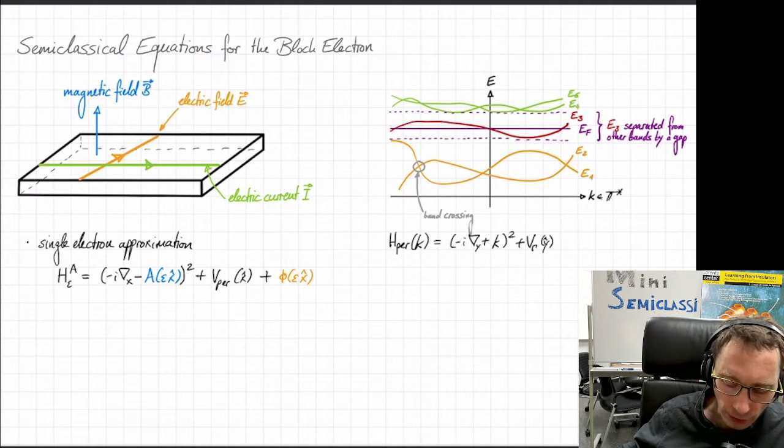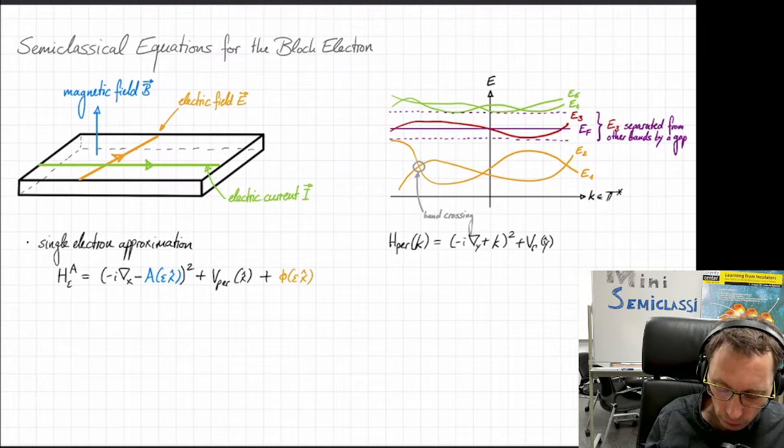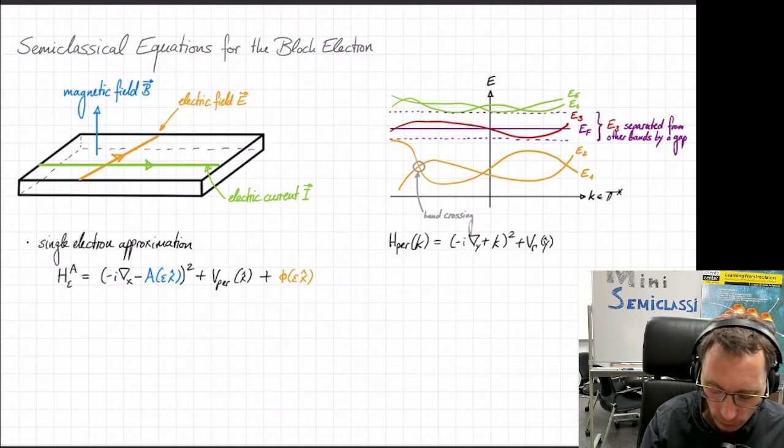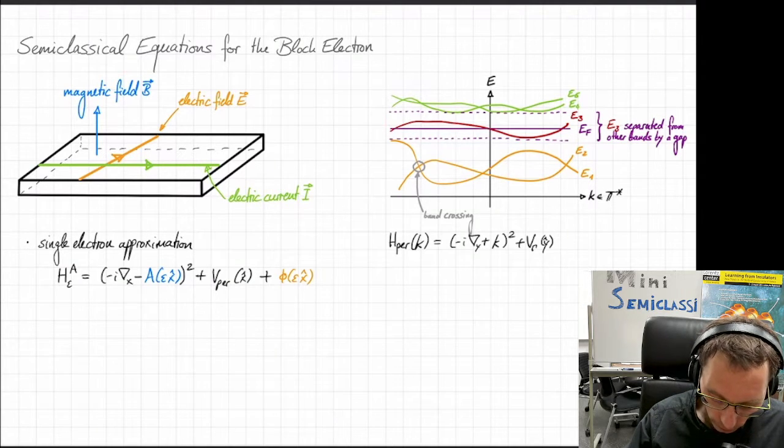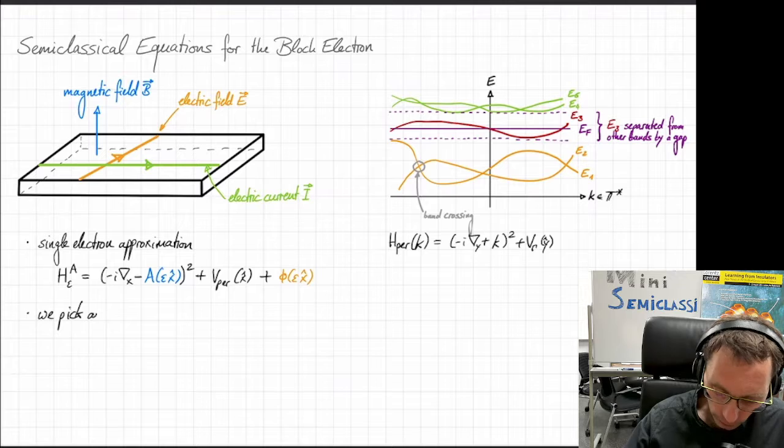So what we would like to do is we would like to have a semi-classical limit for this type of system once we choose a particular band. So this is important. For example, we can pick the band E3.